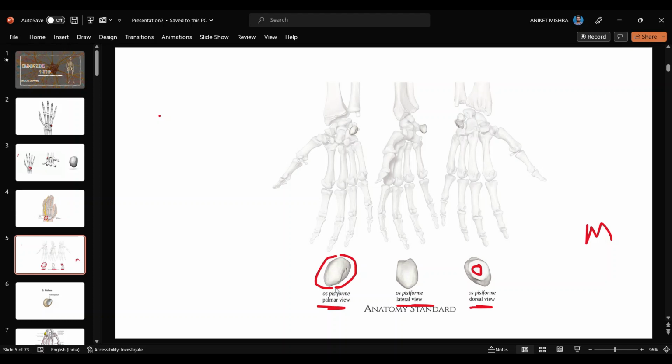The lateral surface is rough and concave. On the medial side, it is rough and usually convex.